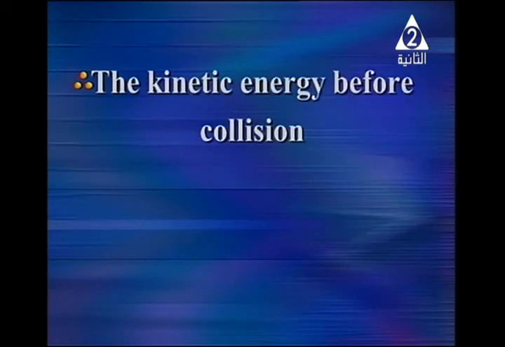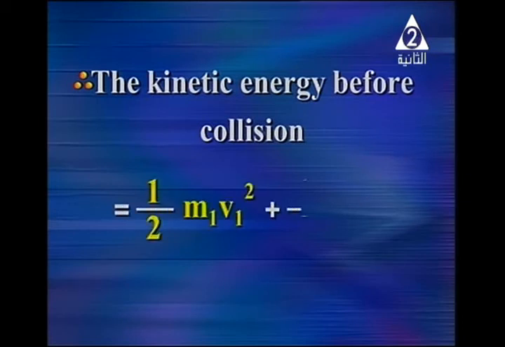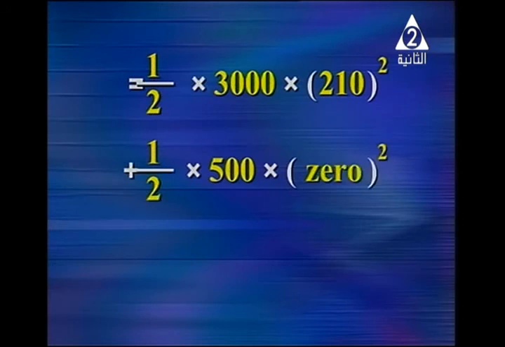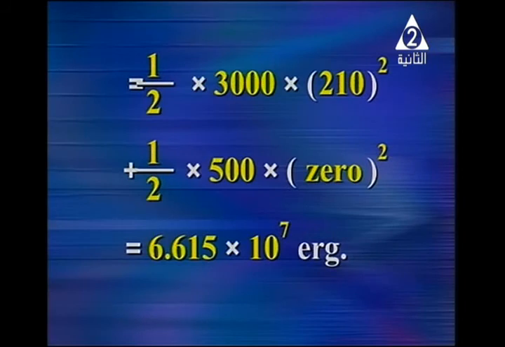The kinetic energy before collision equals half M1 V1 squared plus half M2 V2 squared. By using substitution, half times 3000 times 200 squared plus half times M2 500 times 0, the answer is 6.615 times 10 power 7 erg.